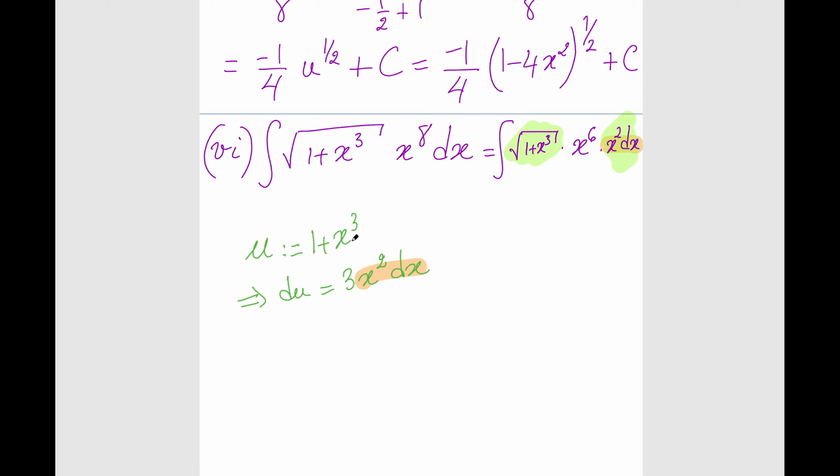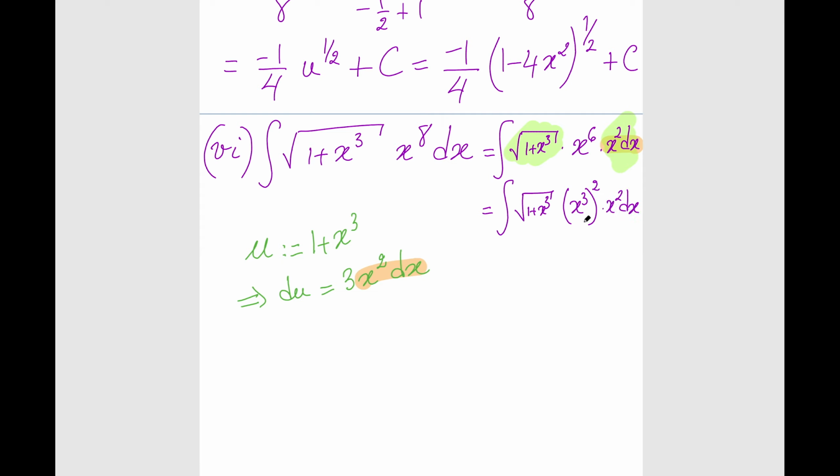U is 1 plus x cubed. Well, this is the same thing as the integral of square root of 1 plus x cubed. The x to the power 6 is the same as x cubed squared, no? Isn't x cubed times itself x to the power 6, times x squared dx?